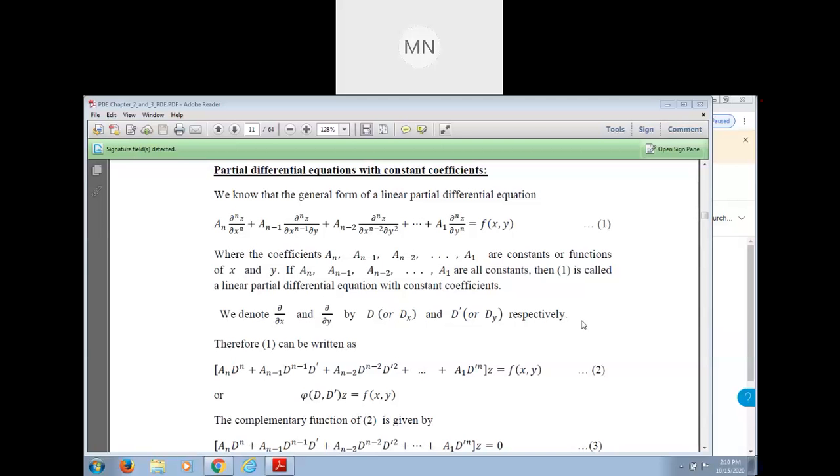So your first aim is to identify whether the equation is first order or second order. After that, to solve the equation, you have to use various methods. I think it is clear today.